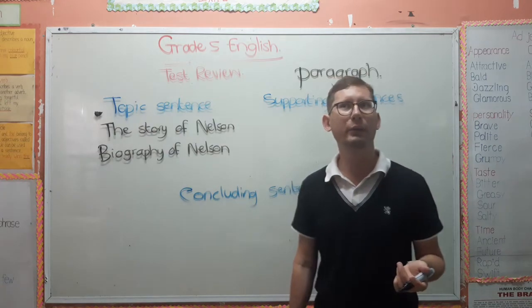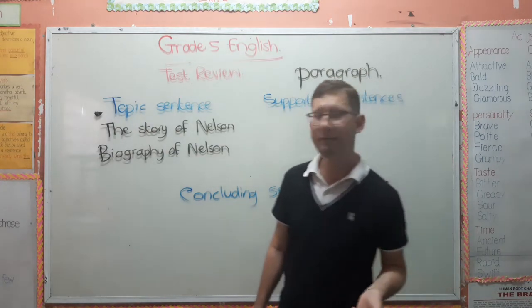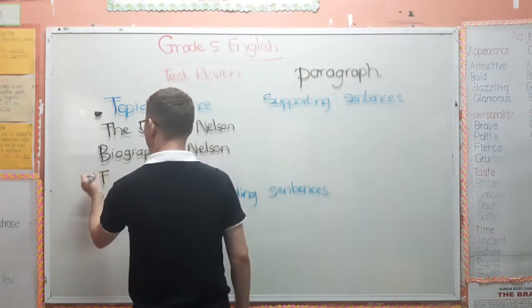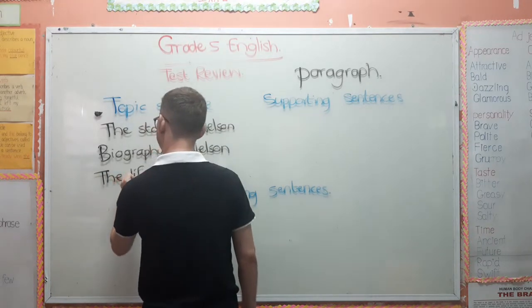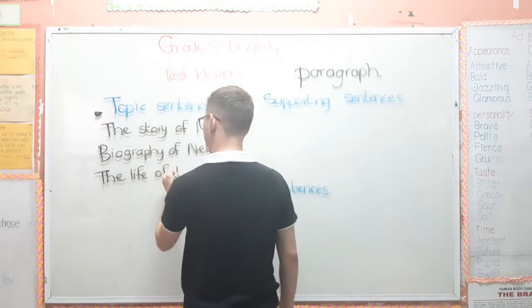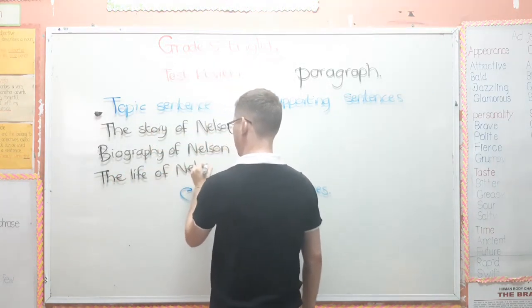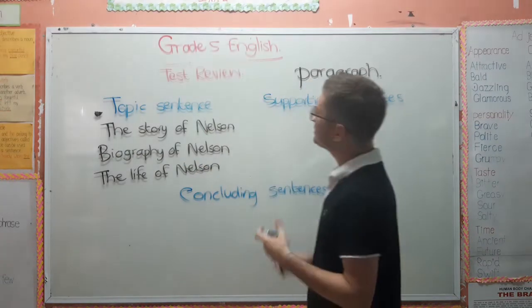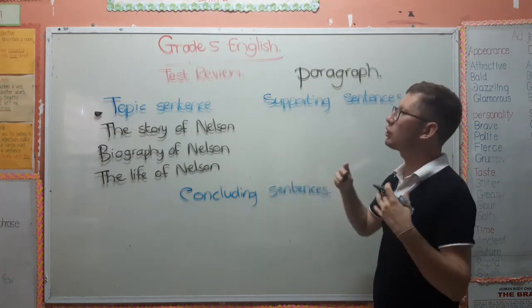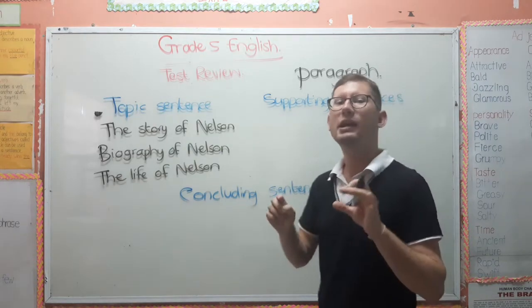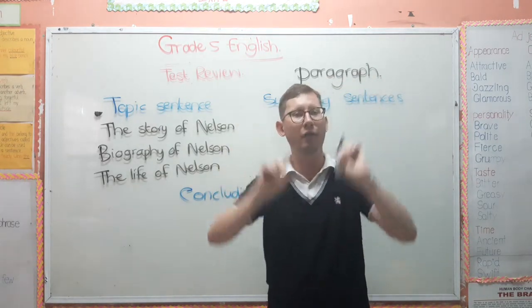What else can we use? The life of Nelson Mandela. Okay, you see, so this is normally your topic sentence. So this is normally the heading which will be at the top of your paragraph.